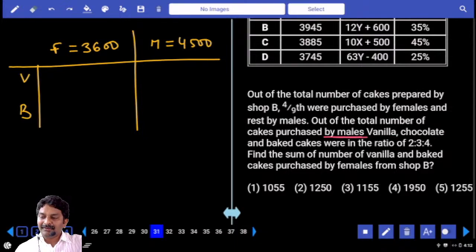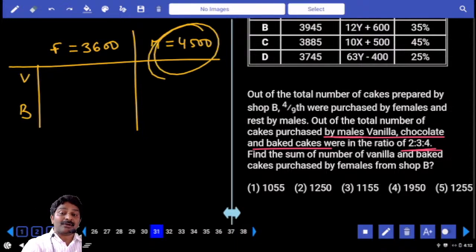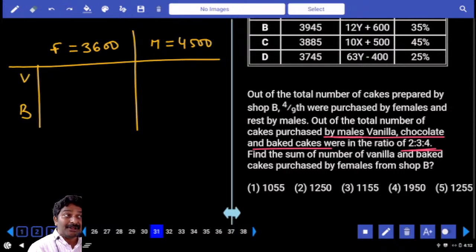Out of male, 3 different types of cakes: vanilla, chocolate and then baked cakes, divided in the ratio 2:3:4. How many parts? 9 parts. 4,500 is divided into 9 parts.